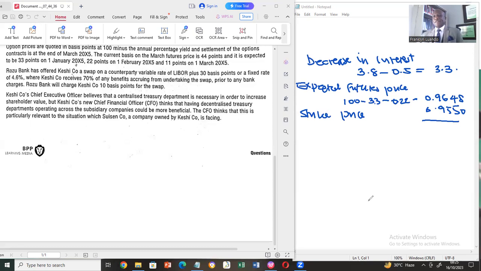The question is, should we sell the futures at 0.9648 or at the strike price of 0.955? The answer is we should sell at the higher price, which is the expected futures price. So we are not going to exercise, because exercising is taking the strike price. If you don't exercise, there is no gain.